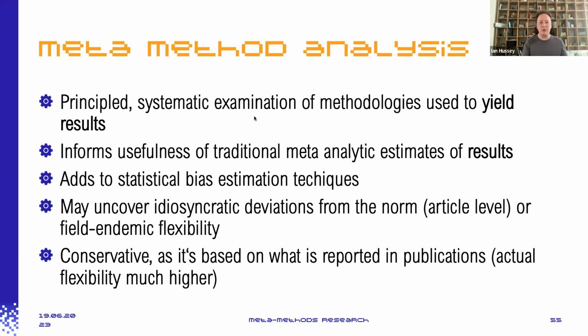They can be used to inform subsequent meta-analyses because they tell you whether it is appropriate to synthesize at all in some cases. They can add to our existing toolkit of statistical bias estimation techniques, and they can uncover idiosyncratic deviations from the norm at either the article level or the field-endemic level.